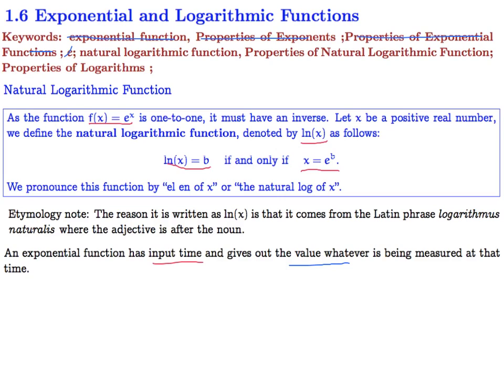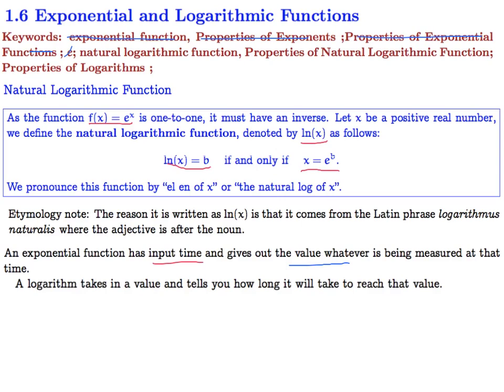Whereas logarithm functions reverse this. With a logarithm function, you input the value being measured, and it tells you how long it takes to reach that value. So the logarithm as an inverse reverses this process. It takes in the value as an input, and as output tells you how much time it takes to reach that value.